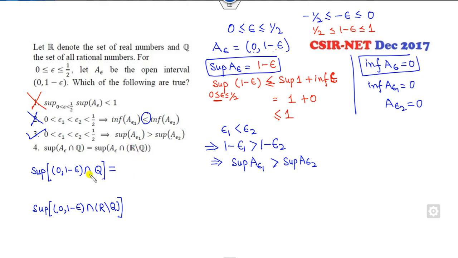The supremum of this is 1 minus epsilon, and here R minus Q is basically the Q complement. So what is the supremum of this? Definitely it is here. So both are correct options. So C and D are the correct options for this. Clearly you can take any of the rational numbers, take the intersection with 1 minus epsilon, it is always 1 minus epsilon.